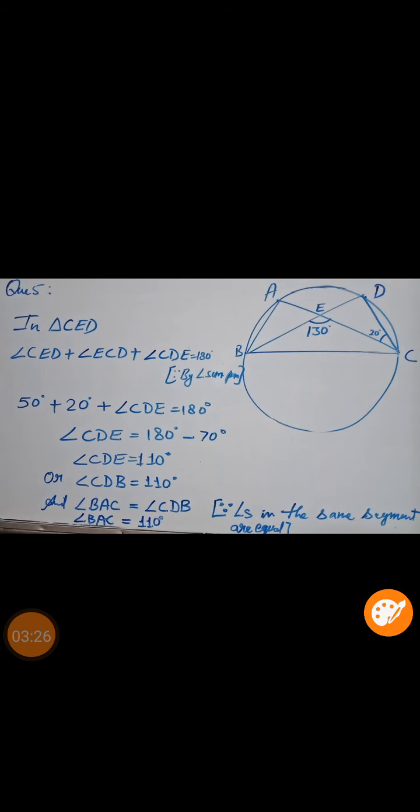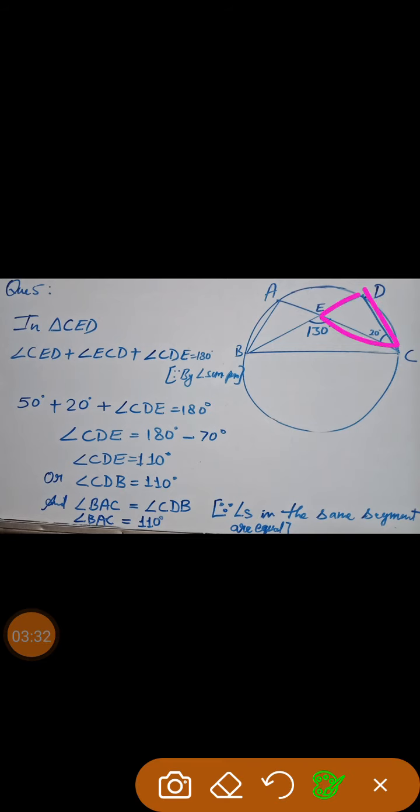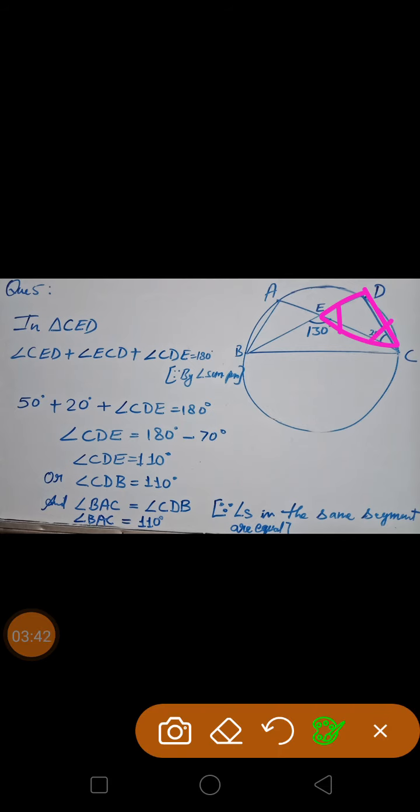Now see, in triangle CED, now we are talking about this triangle CED. In this triangle we have got that angle CED is 50 degrees. And in this triangle by the angle sum property we will add all these three angles, and we know that the sum will be equal to 180 degrees. Angle CED we already have, it is 50, so write 50 here.